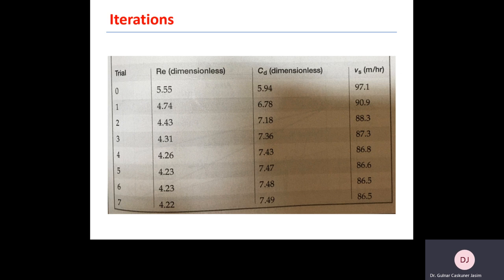As you can see, with each trial the settling velocity value changes, but it stabilizes on the 6th and 7th trial. So we can say that the settling velocity for these particles is 86.5 meters per hour.